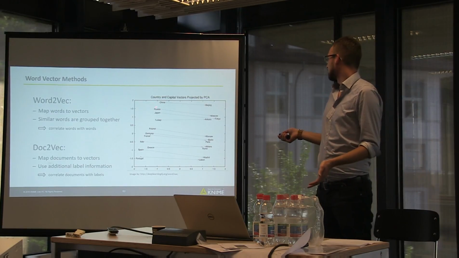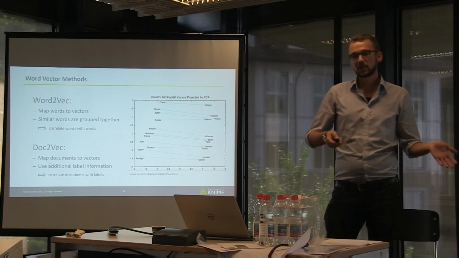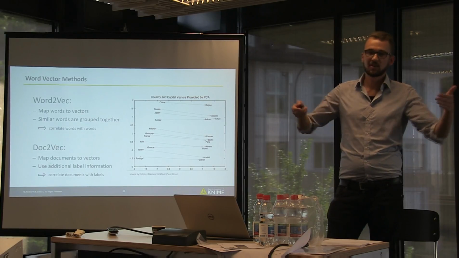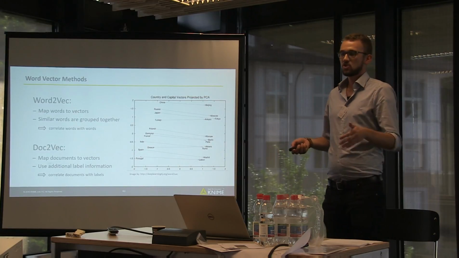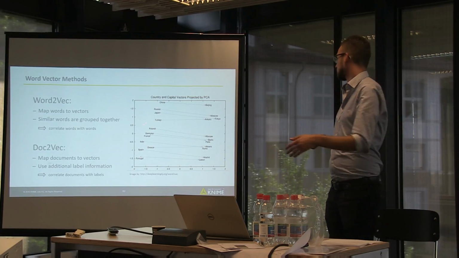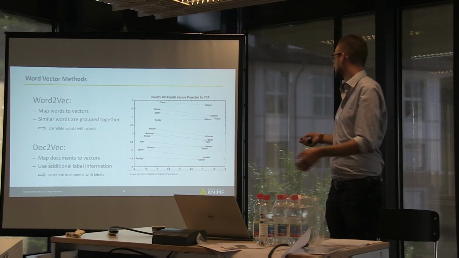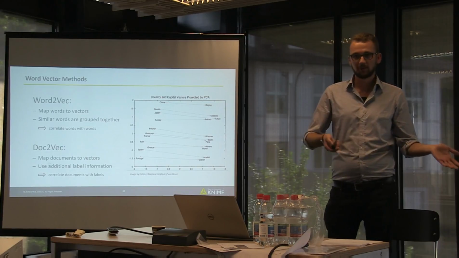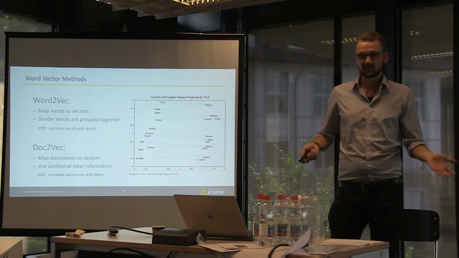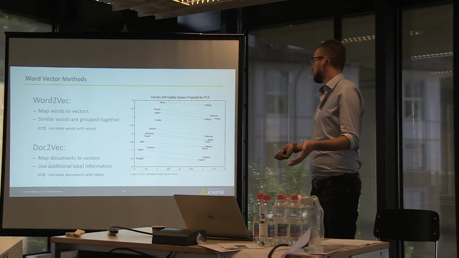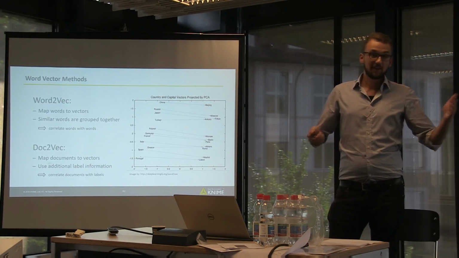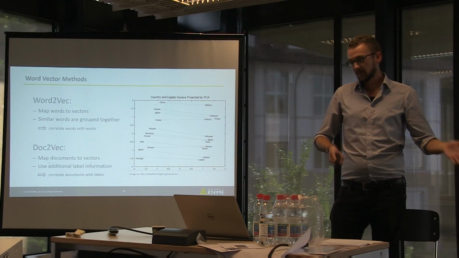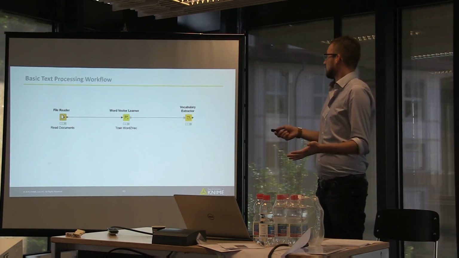For example, the relationship of capital to country would have a similar distance for other words. So you could ask the model which word has a similar distance to the word Russia as the distance between China and Beijing, and it would probably give you Moscow as an answer. Generally these word vector models have very interesting properties and can be very useful.